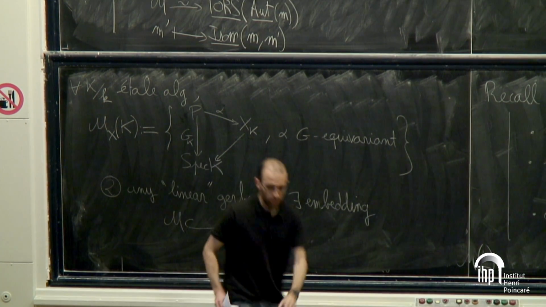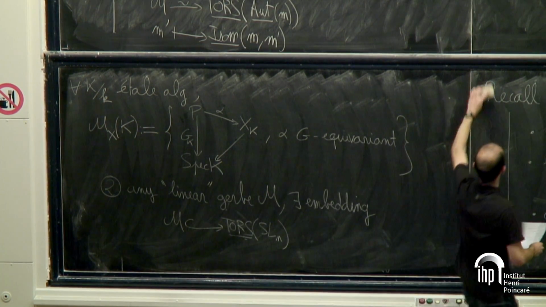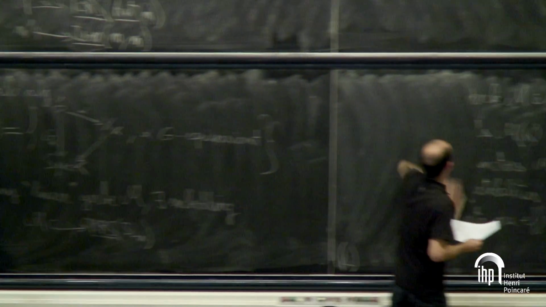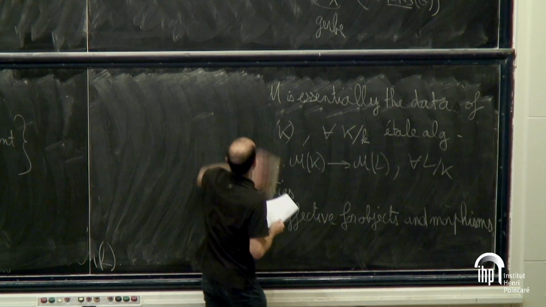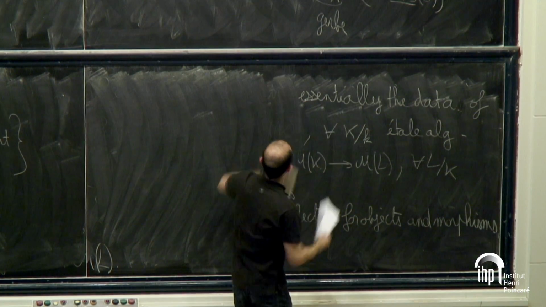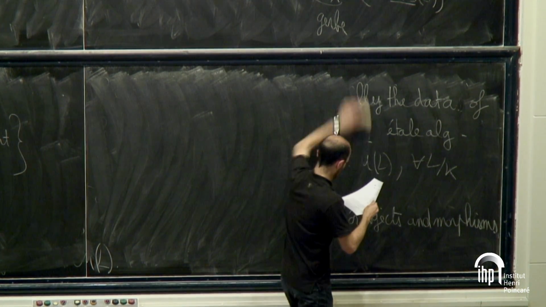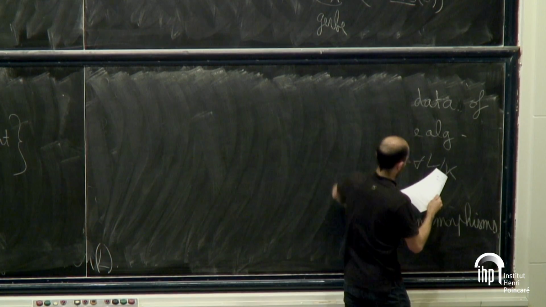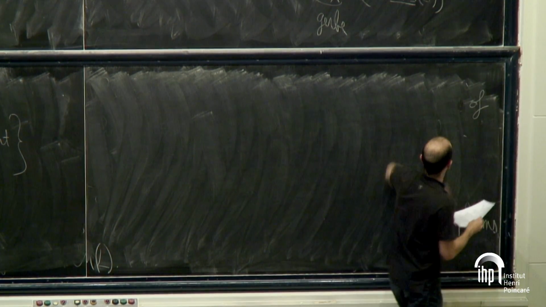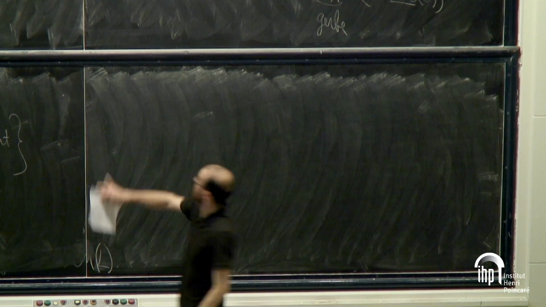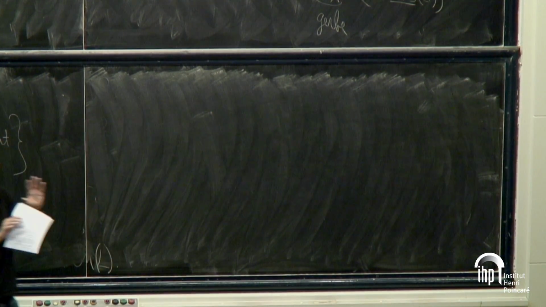Putting those statements together, we can now make the dévissage in the right-hand side category and deduce some geometric dévissage on the left-hand side. So you really have to think about the gerb M_X as a replacement for the stabilizer H.